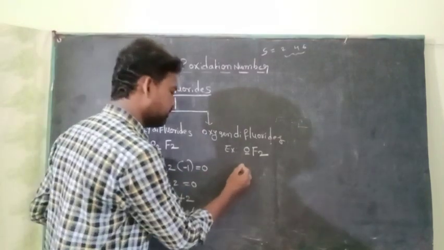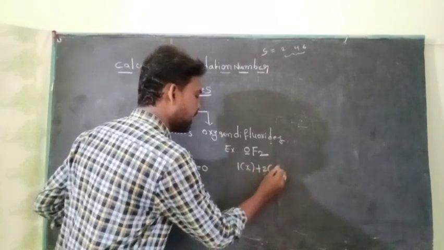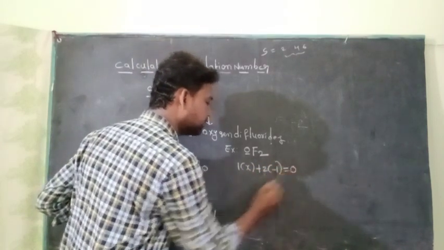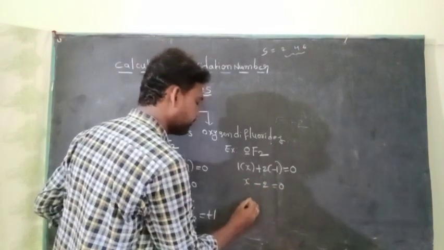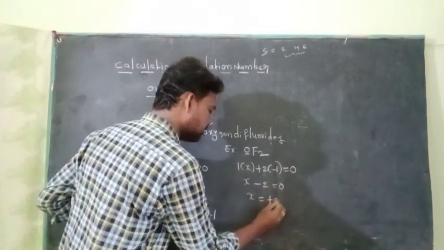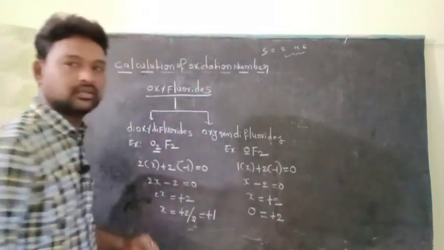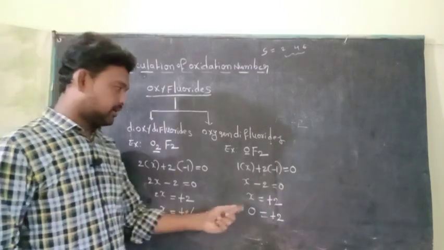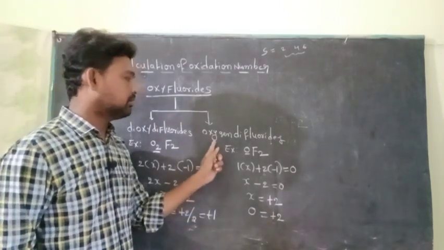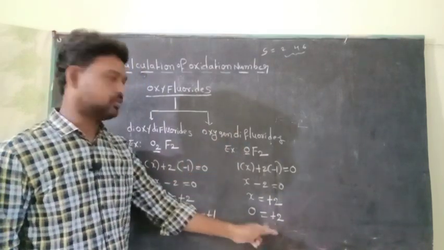So 1 into x plus 2 into -1 equals 0. X minus 2 equals 0, x equals +2. X is the oxidation number of oxygen, +2. Okay, so here in oxydifluorides, the oxidation number is +2.